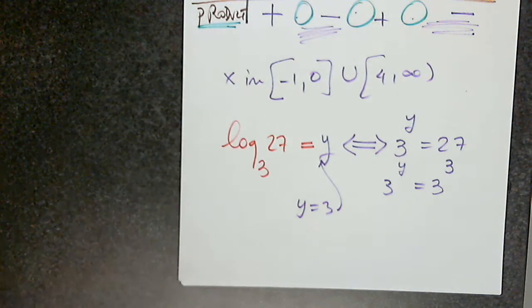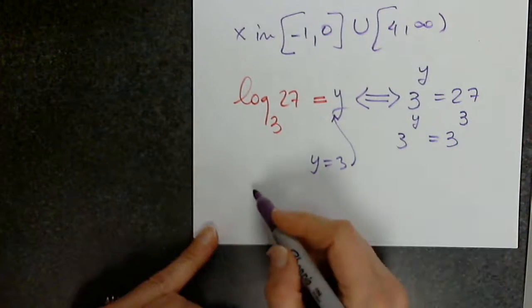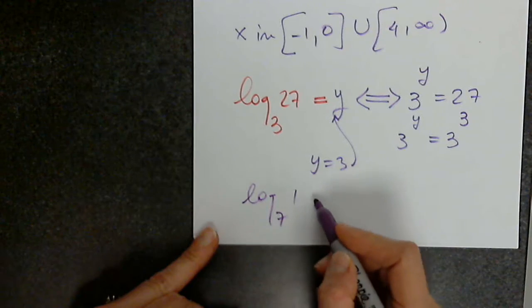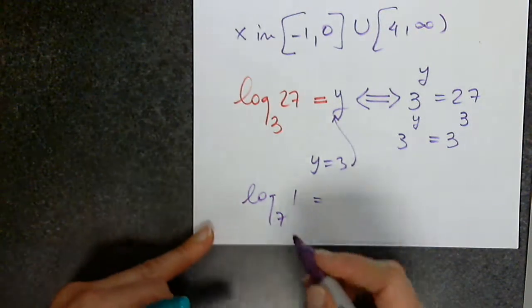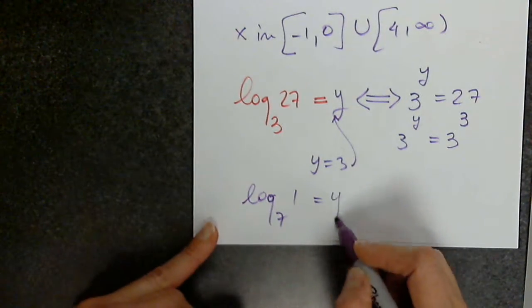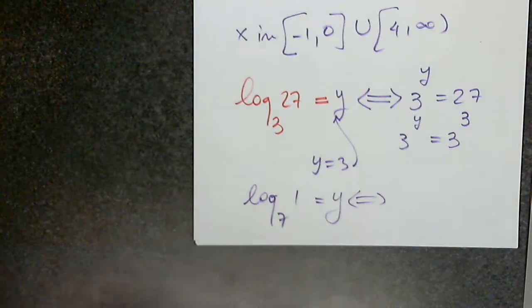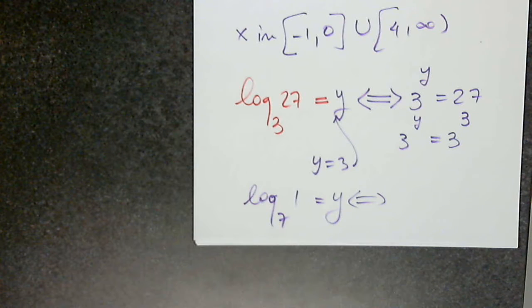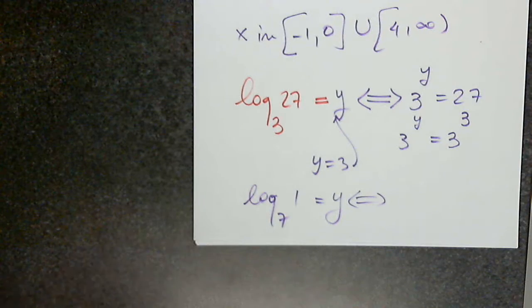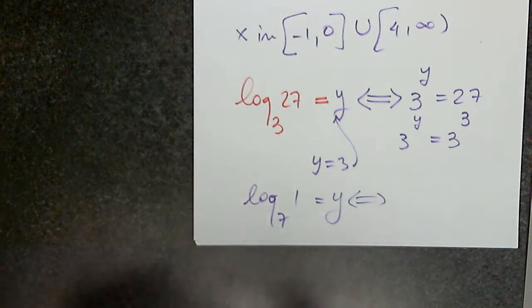Okay, let's look at log base 7 of 1. Same idea. I have no clue, but I'm going to call it y, and I'm going to change this into an exponential equation. How do I do that? 7 raised to y.